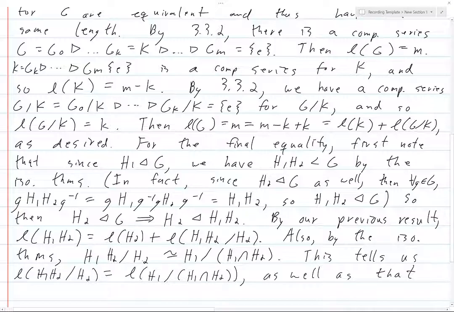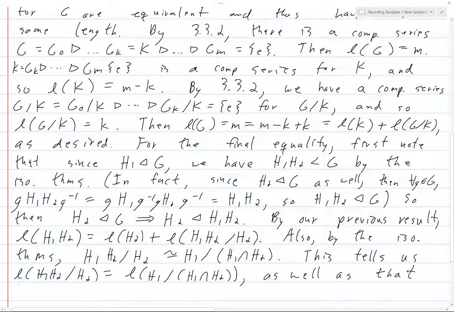And now this quotient on the right, this is H1 mod something. And since it's isomorphic to a group, this thing must be a group. And we know that a group mod a subgroup is itself a group if and only if the thing we're modding out by is normal in the previous thing.